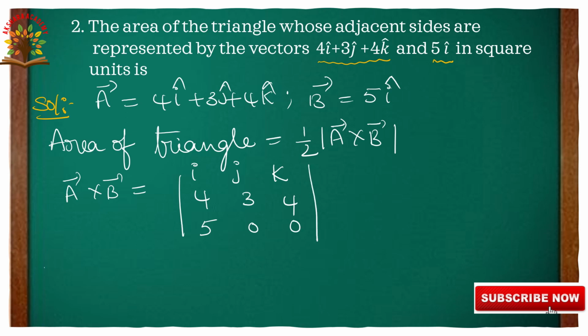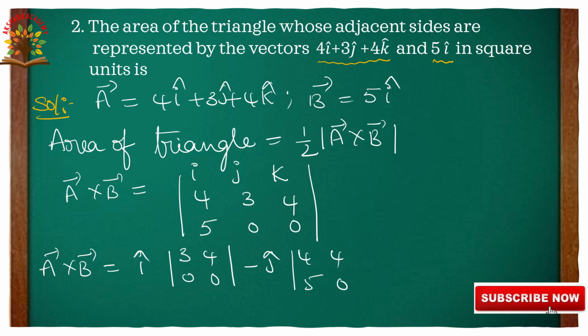So A bar cross B bar equals i cap of determinant of 3, 4, 0, 0, minus j cap of determinant of 4, 4, 5, 0, plus k cap of determinant of 4, 3, 5, 0.